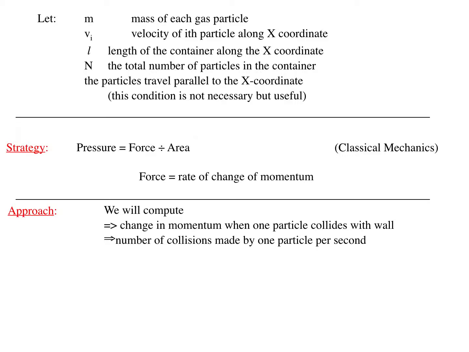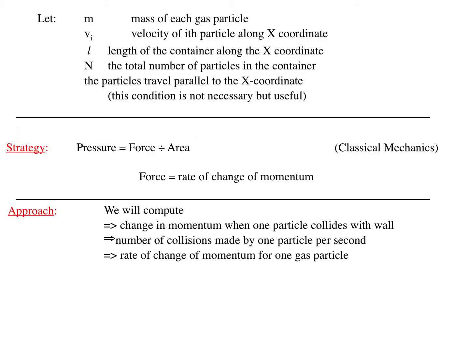When it bounces back, it is going to travel again parallel to the x-axis, but in the opposite direction. Now it's going to collide with the opposite wall, and the same thing happens. It will be bounced back to the forward wall. So the particle is now making excursions between the left wall and the right wall parallel to the x-axis. This is the kind of thing I want you to imagine happening.